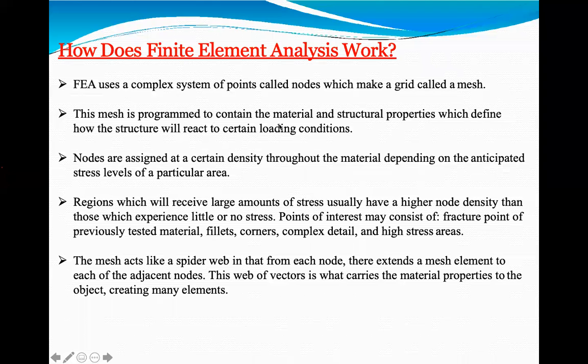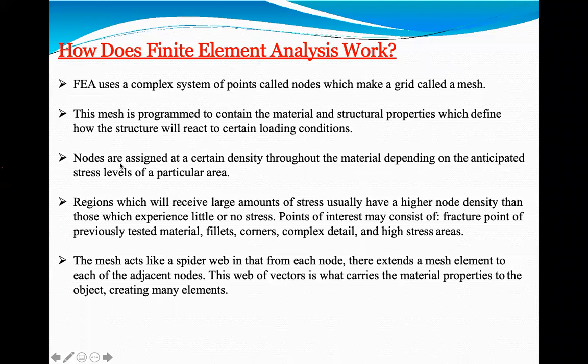So how does finite element analysis work? In the first step, we divide a complex system into different elements, that is, we discretize it. The points at which the elements are connected are called nodes, and we generate the mesh. Now this mesh has the material properties and the shape function or displacement function, which define how each element will react to the given loading.